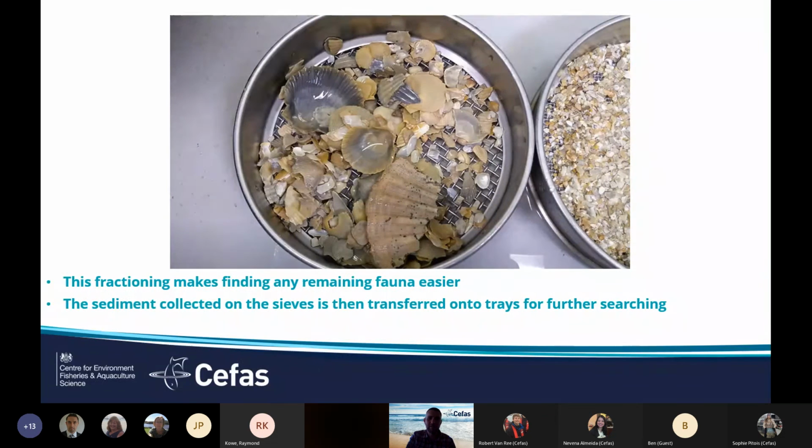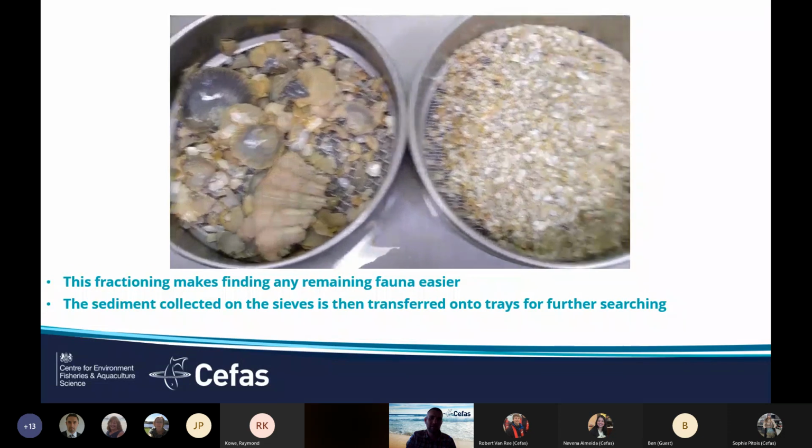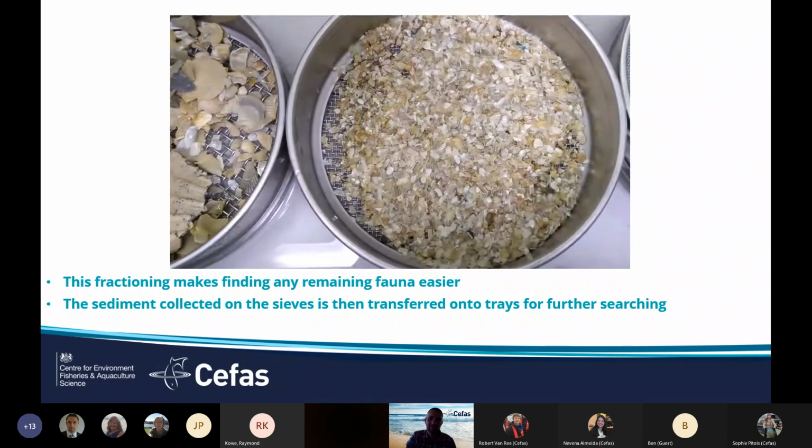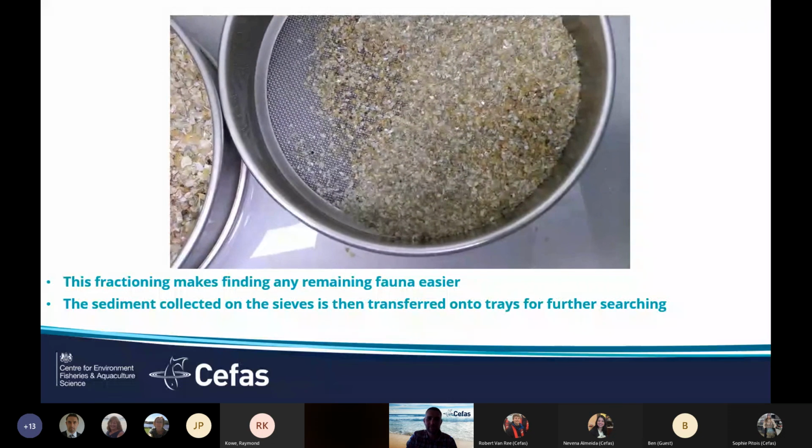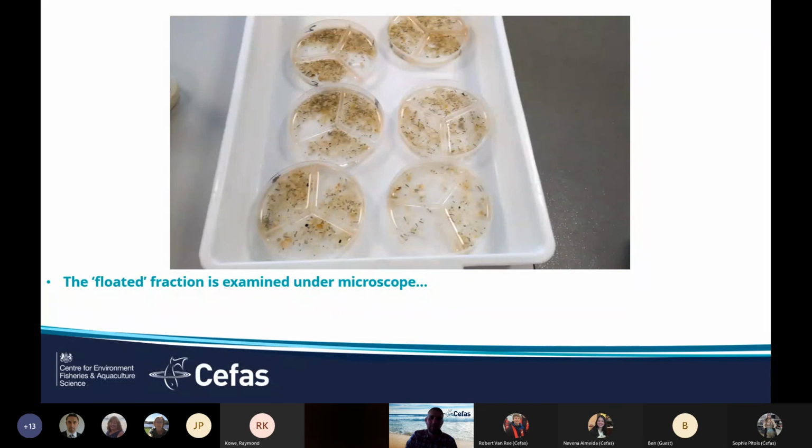And this is just an example of what will be left on a 4 mil sieve, a 2 mil sieve, and a 1 mil sieve from this sample. And then the floated extracts, we use water to extract the lighter stuff, and this is what would be left over for the lighter fraction. And this all gets sorted under a microscope.